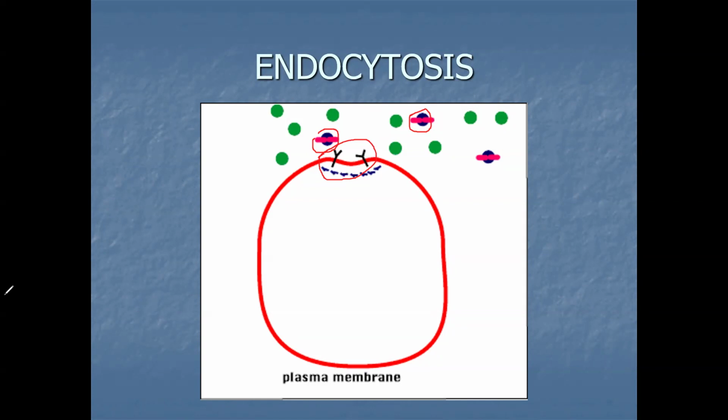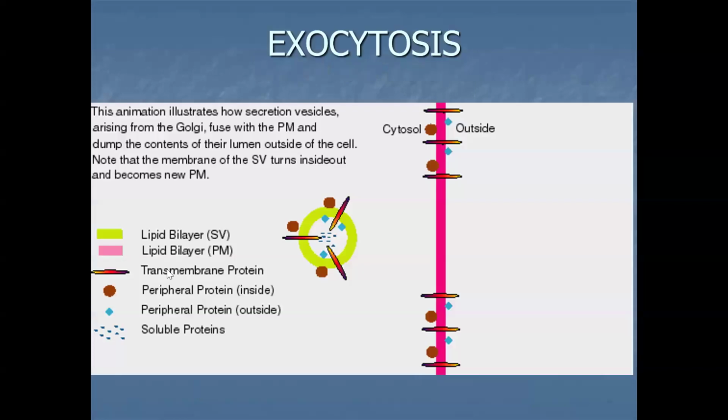And then for exocytosis, look at it. This is a lipid bilayer. This is a vesicle, and it's made up of a lipid bilayer.